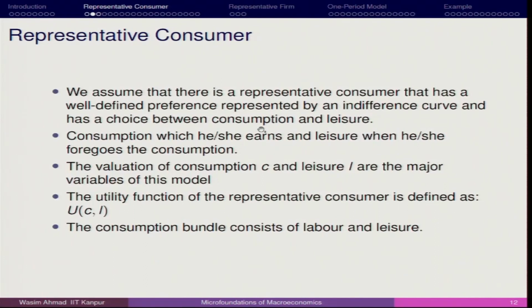As I told in the beginning, consumption and leisure are both normal goods, which means that when the price increases, you look for alternatives, but they are not inferior goods, which means that when income increases, you will not stop looking for them. That is not the case here, and such foregoing is a common phenomenon in the case of normal goods.